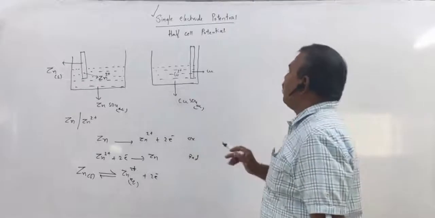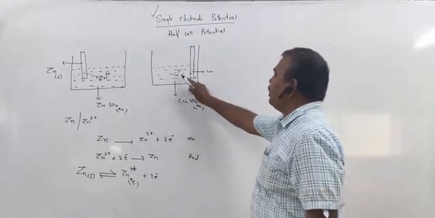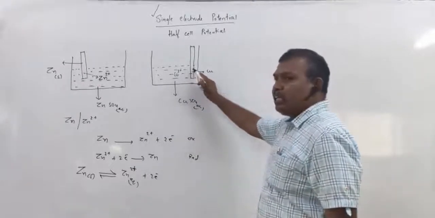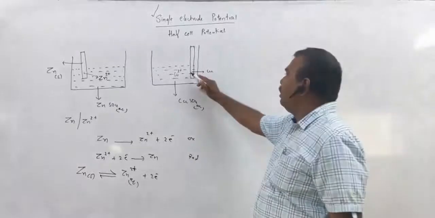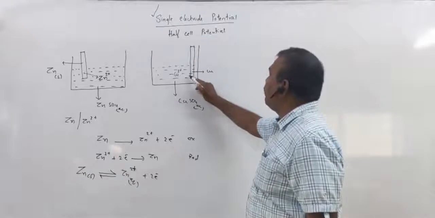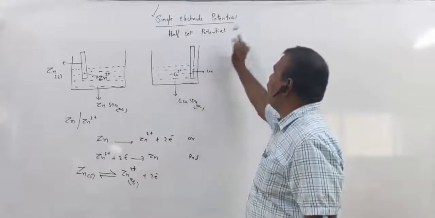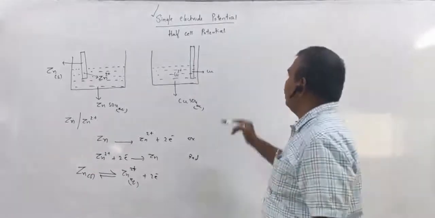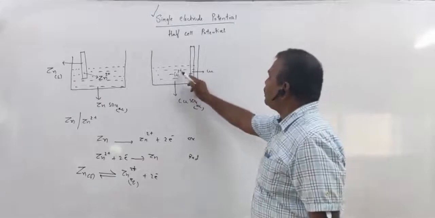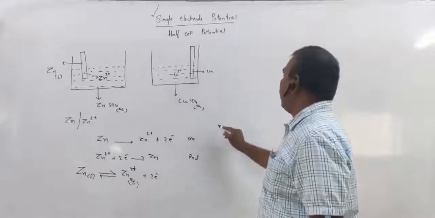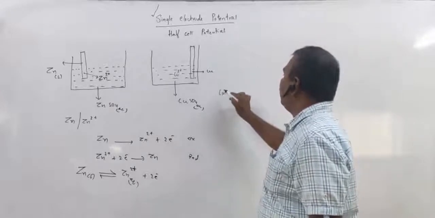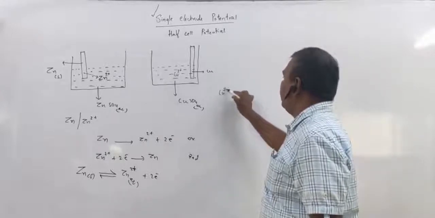In this beaker also, Cu2+ ions make collisions on the surface of the copper rod. Due to that, potential is developed between the two phases, known as half cell potential. And due to continuous collisions of Cu2+ ions on the surface of the rod, here also two reactions may happen.